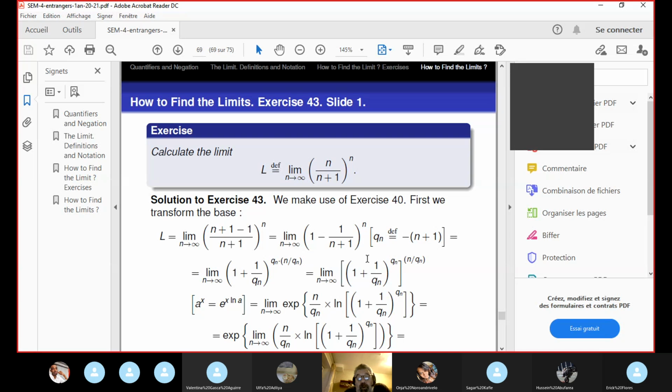So I use this formula in order to have that our limit is the limit of the exponential function of n over q sub n multiplied by log of 1 plus 1 over q sub n to the power q sub n. So I rewrite my limit using this formula for a to the power x. Agree?